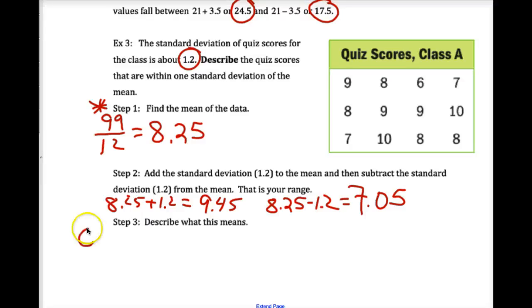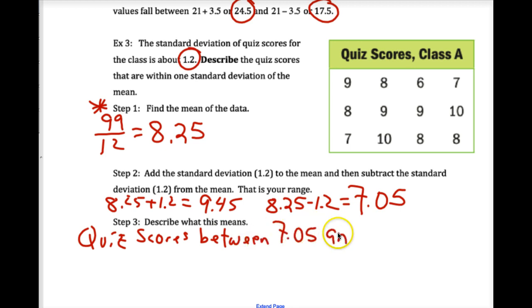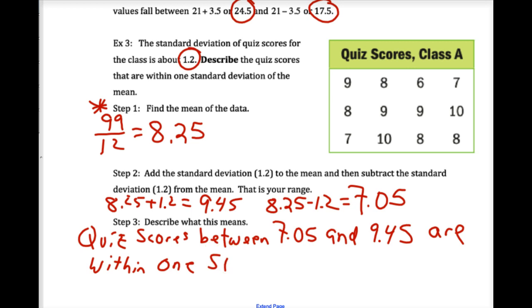So, got this down. Quiz scores between 7.05 and 9.45 are within one standard deviation of the mean.